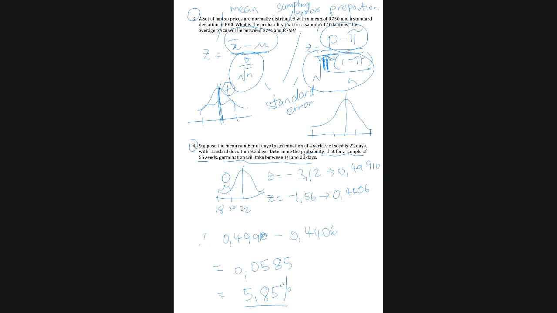And you would then calculate the Z value and take off the values from table 1 of your appendix, and whichever is the greater value, you would put that value first, and then take the smaller value and put it second, and work out the difference between the two, which would be your final answer.